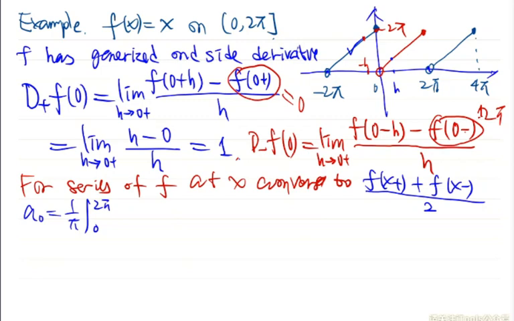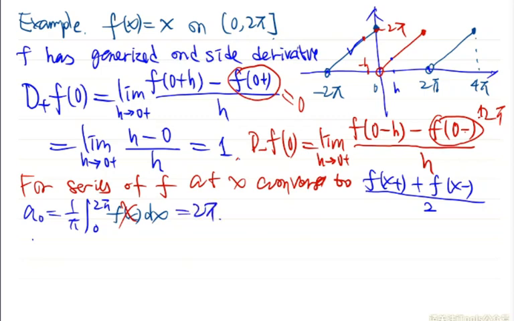Okay, so f(x). And this can easily be computed because in this case f(x) is precisely x. So the result is 2 pi.